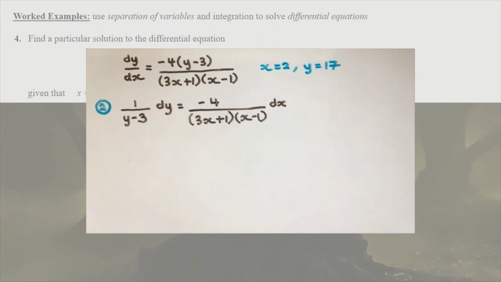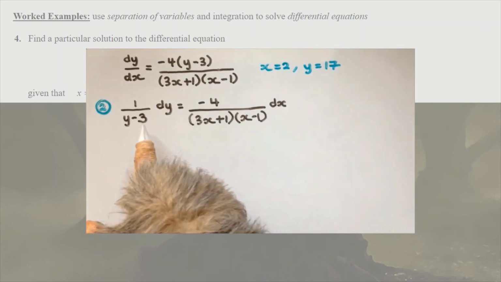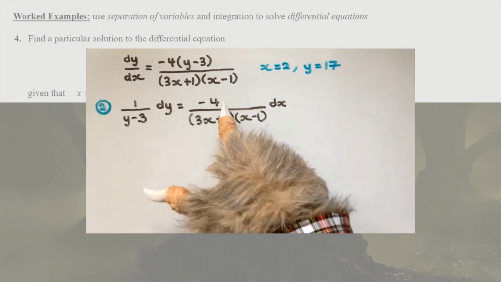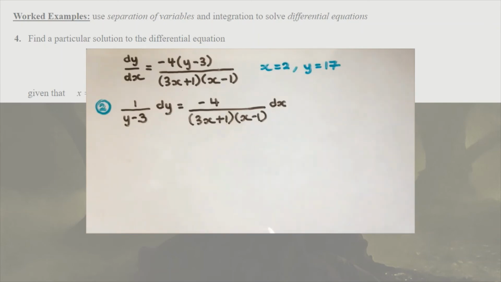Right, just to recap what we've done here, we divided both sides by y minus 3 and kept the negative 4 there, and we've multiplied both sides by dx. Everything is in the form we need. We are now ready to integrate essentially, but it's not quite as simple as that, as you'll see.